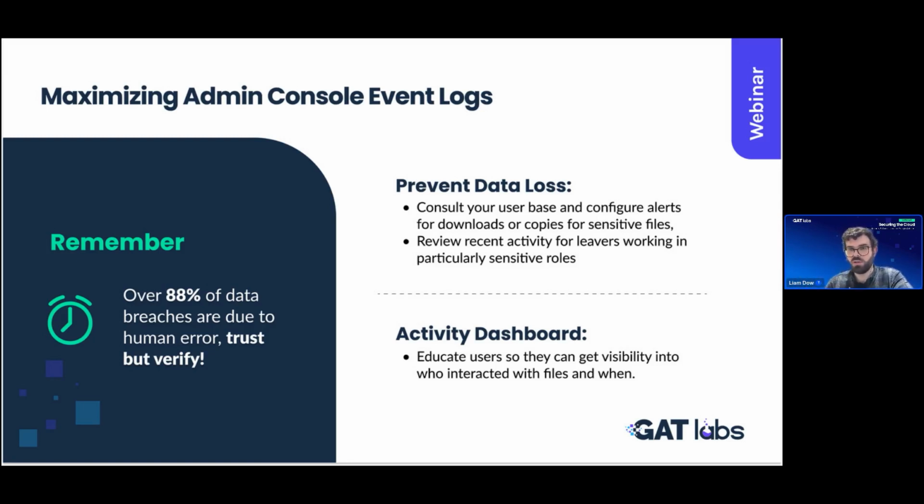What files are those? And you could then, within the admin console, go to the audit log, conduct a search against that, and then configure an alert. And then when certain activities happen, whether that is someone printing it or creating a copy of it, that's going to trigger an email to the recipient that you specified.